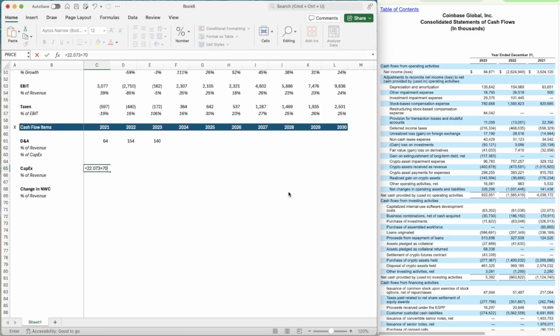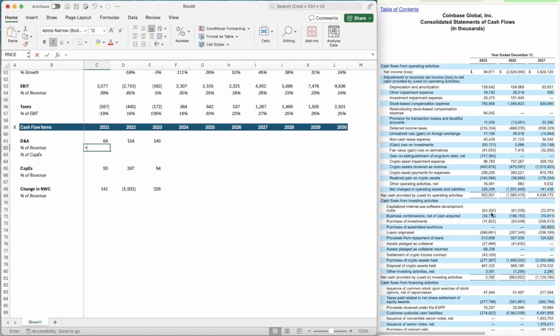Plus 70.911 equals 61.038, 186 equals 3.202 plus 30.70. Change in net working capital is just the year 141.438, negative 103.326.